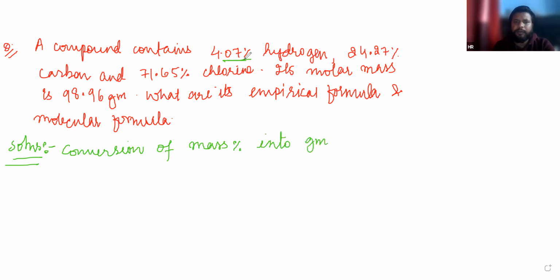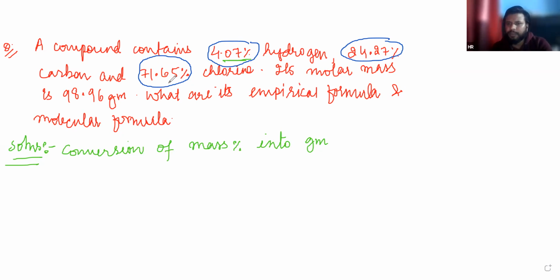You see, when you add these things, 4.07%, 24.27%, which is almost 28 point something, and you add 71.65%, it will be equal to 99.9 something percent, which is approximately 100%.